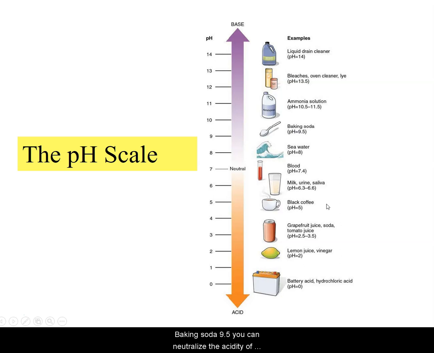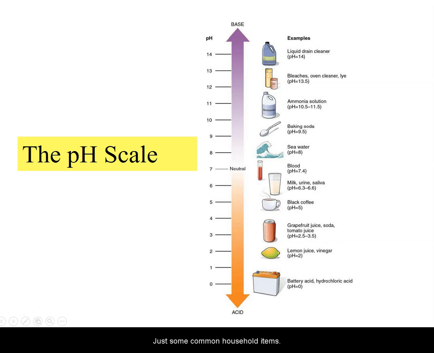You can neutralize the acidity of something if you had a spill with baking soda. Ammonia is 10.5 to 11.5, and very caustic. So are bleach, oven cleaner, lye, and liquid drain cleaner, extremely caustic and very basic at pH 14.